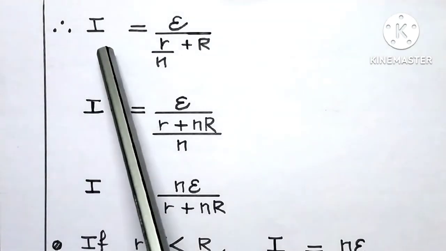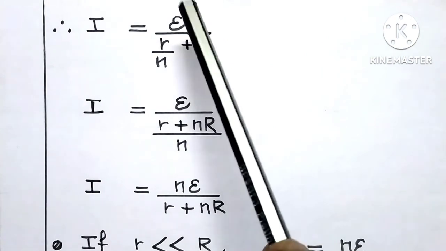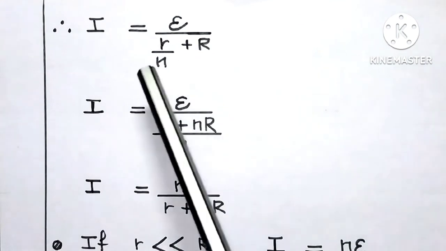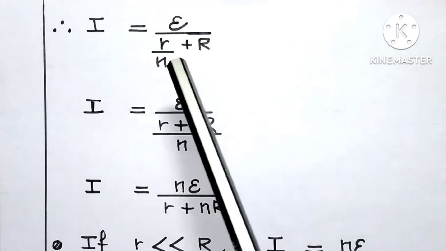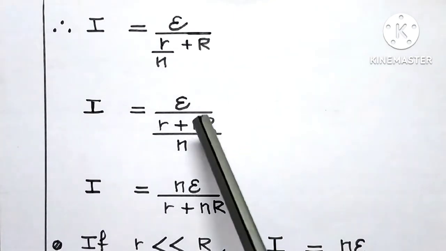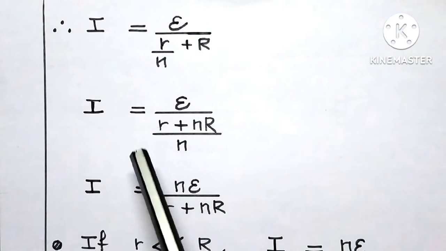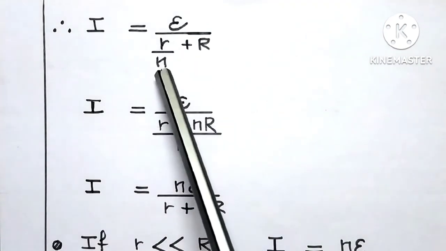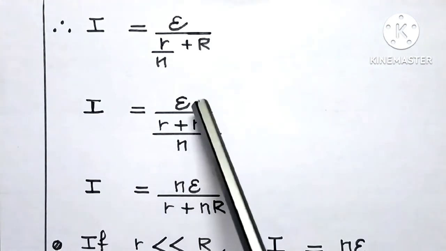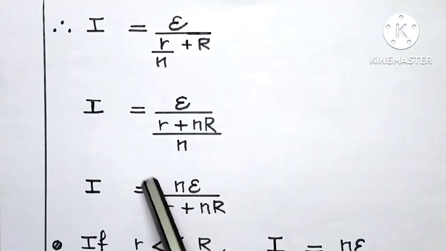Therefore current I is equal to total EMF, that is epsilon, by total resistance, which is nothing but r by n plus R. In the next step, I is equal to epsilon by, we need to take LCM, so we multiply this n with R, then write n as common, so epsilon by (r plus nR) by n.